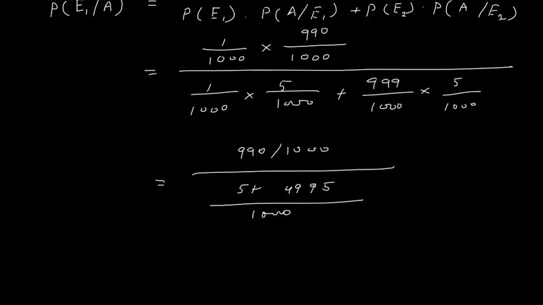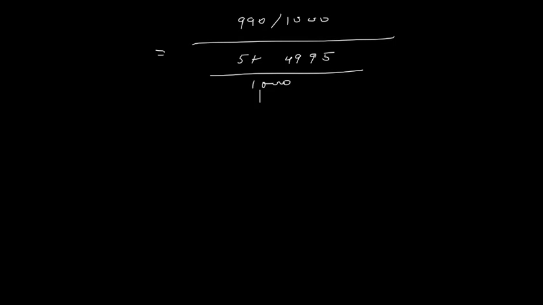So this is equal to 990. Now this denominator 1000 will cancel, and when we add this 5 we get 4995, which will become 5000. So this is 5000. Now this 0 and this 0 we will cancel, and this is 99 divided by 500.